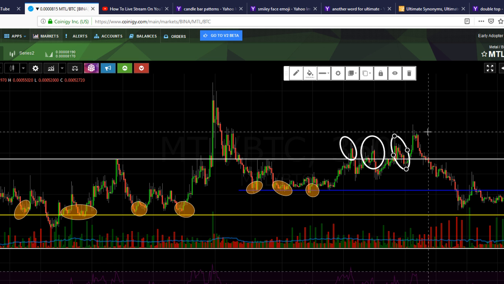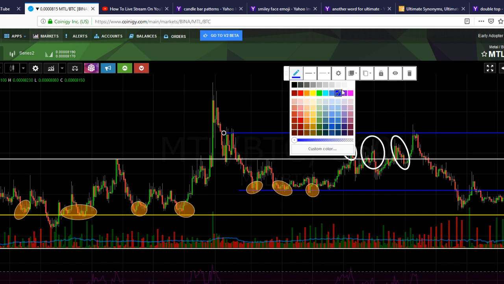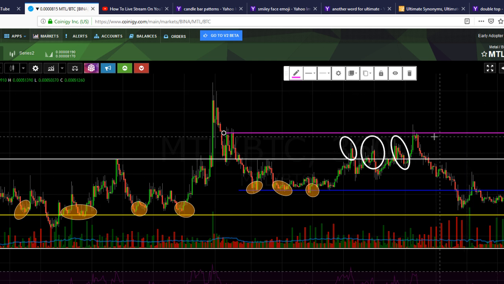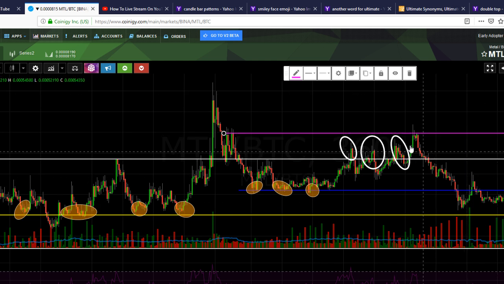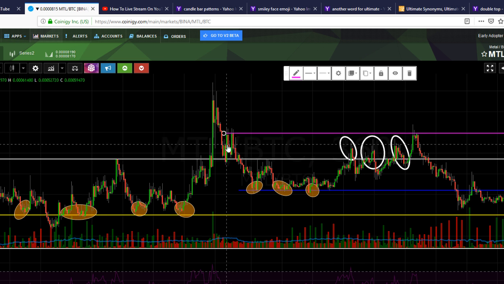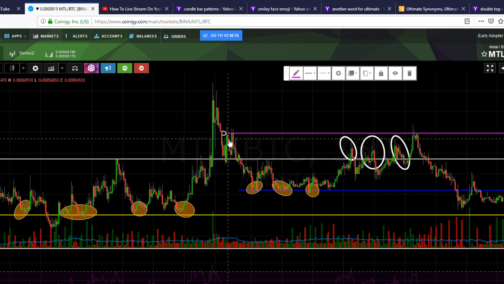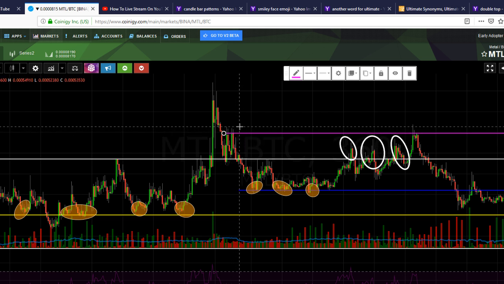And you always want to look at what happened previously, right? Let's make this color, whatever color that is, turquoise, pink, whatever. So on the 4th attempt of it trying to hover over the resistance, we have price retesting its previous resistance. Why is this resistance? Because 1 time, 2 times, 3 times, 4 times it was tested to break above this current price range, and the body of the candle was not able to surpass this.